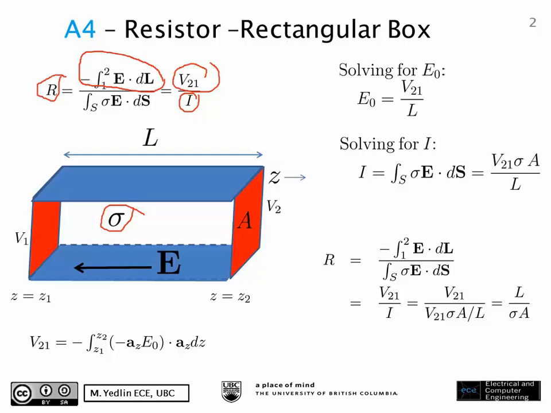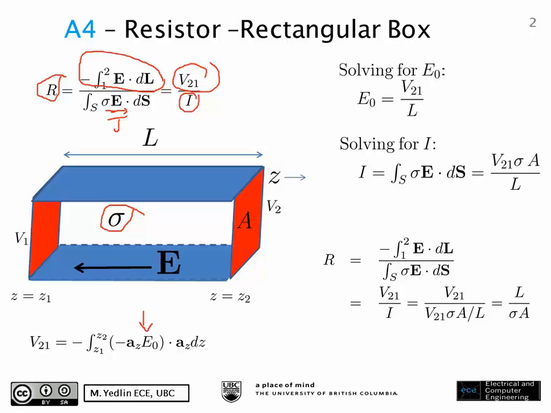And the denominator, which we just recently studied, here is our friend, vector J. Let's put the vector sign on it: sigma E dotted with ds. We did an application in class to compute the current, so we just have to compute this for the rectangular box under the assumption that the field here is uniform.